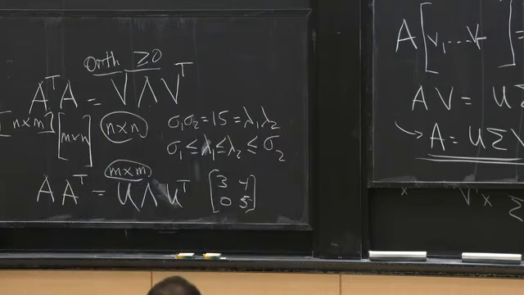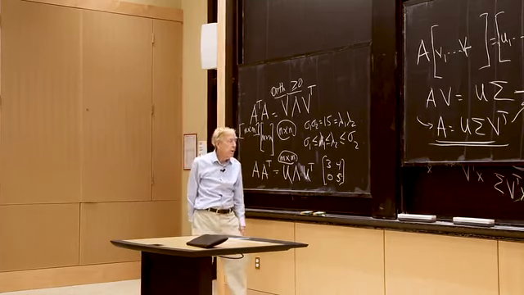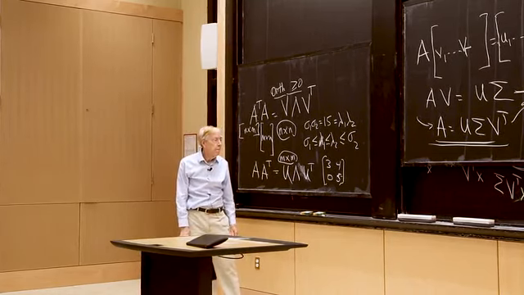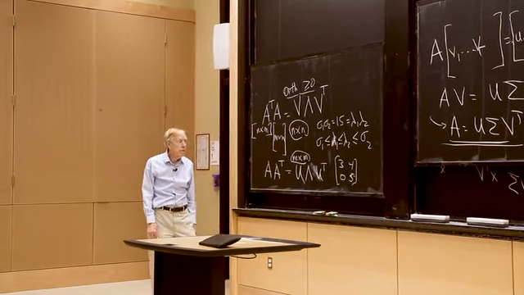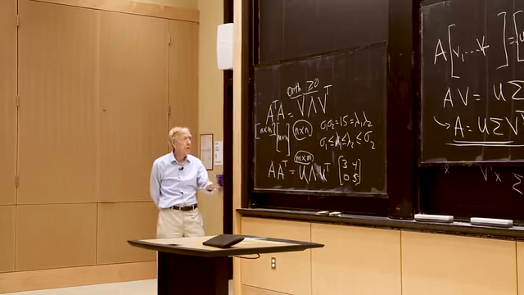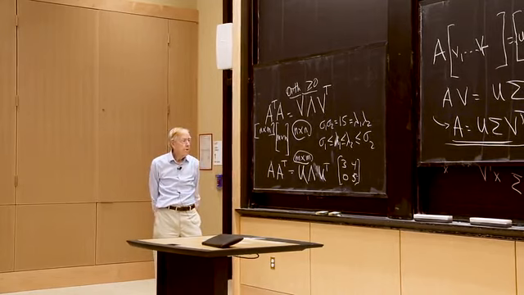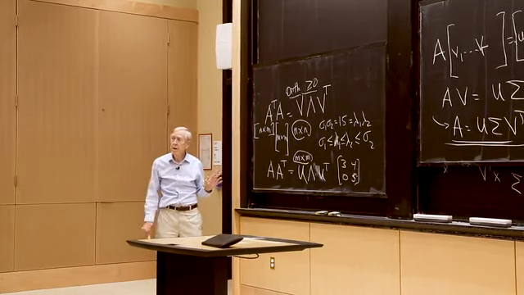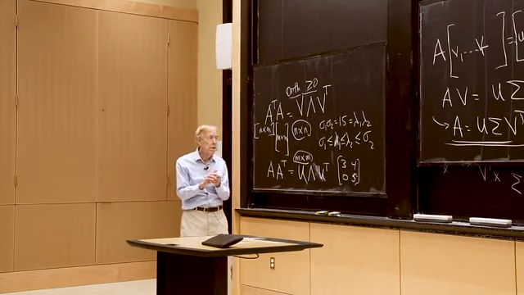But overall, computing examples of the SVD takes more time. You just compute A transpose A, and you've got the V's, and you're on your way. And you have to take the square roots of the eigenvalues. So that's the SVD as a piece of pure math.